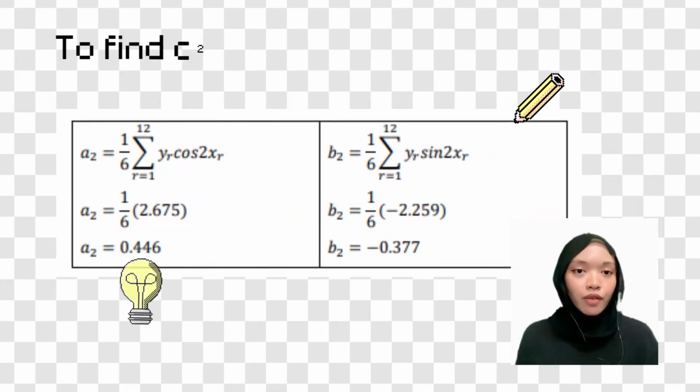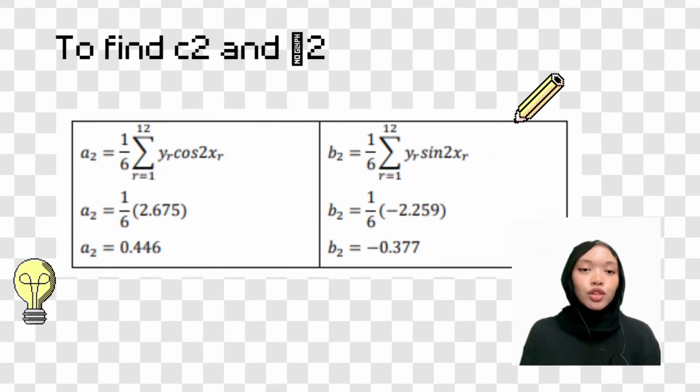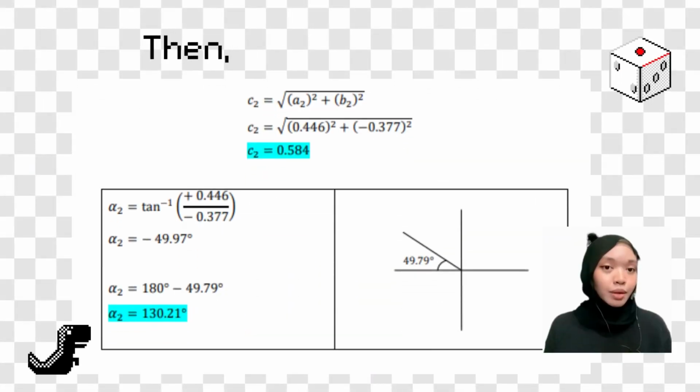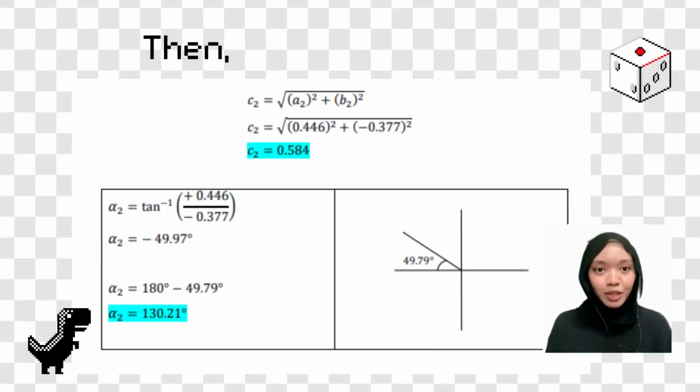The next value we have to find is C2. To find C2, we have to find the values for A2 and B2. The formula to find A2 is 1 over 6 times the summation of yr cos 2xr. And to find B2, the formula is 1 over 6 times the summation of yr sin 2xr. After we get both values for A2 and B2, now we can find the value for C2.